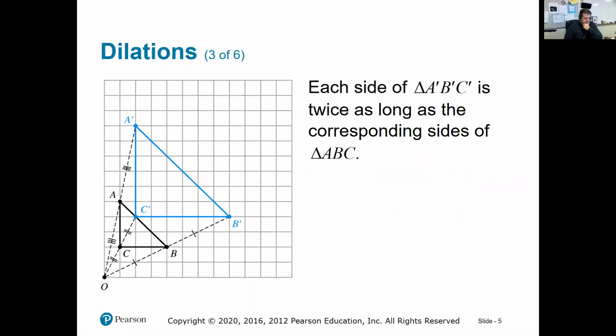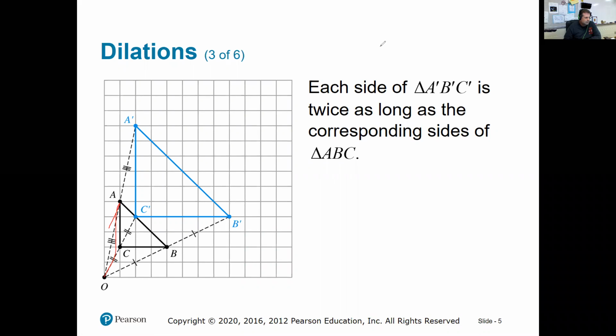Okay? Now, it says each side of A prime, B prime, C prime is twice as long as the other. Okay, so if we take this center of the dilation, which is O, and I have A, B, C right here, I want to make A prime, B prime, C prime twice as big. So what we then do is we take the distance from O to A. Let's do that again.